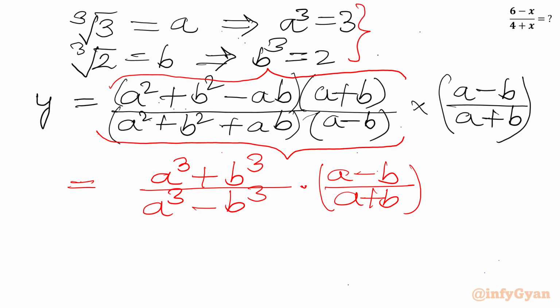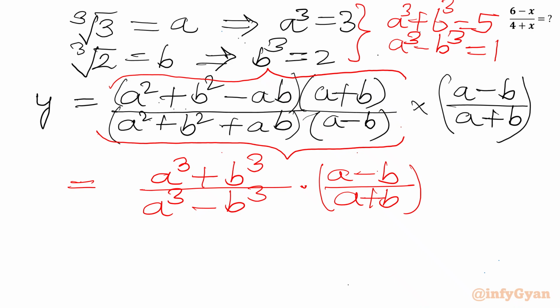Now from these two equations I can write a cube plus b cube will be 3 plus 2, that is 5, and a cube minus b cube will be 3 minus 2, which is 1.